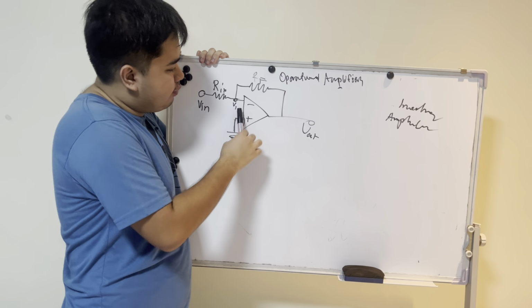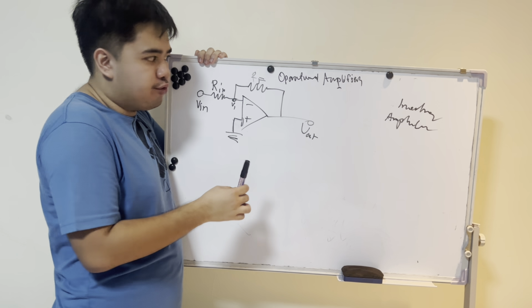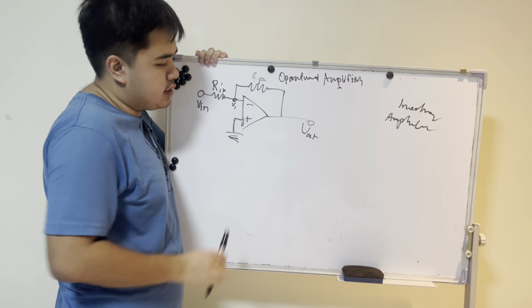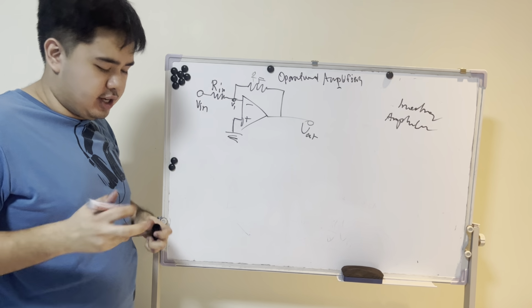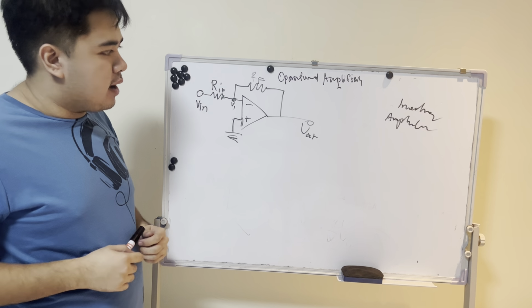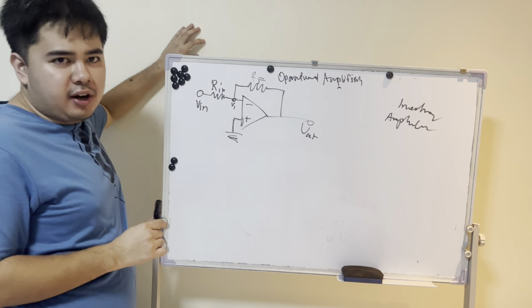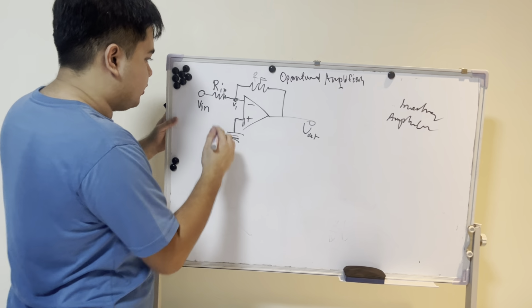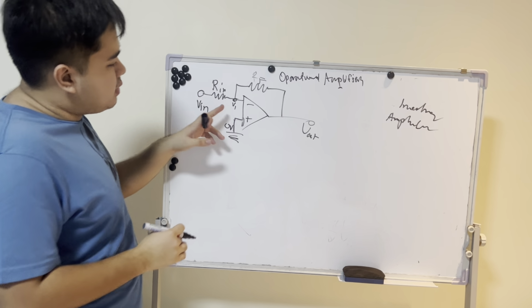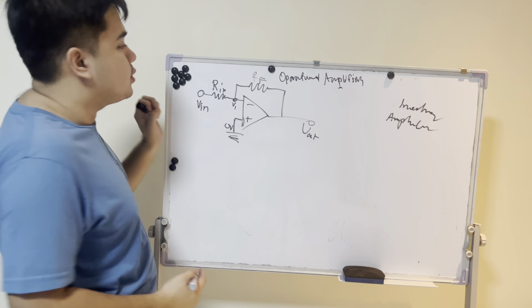Since this is a negative feedback loop, we can tell it's negative feedback because the output and the input are somehow connected to each other. And the positive is connected to ground. Usually ground is 0 volts. That means we can set V1 as 0 volts.